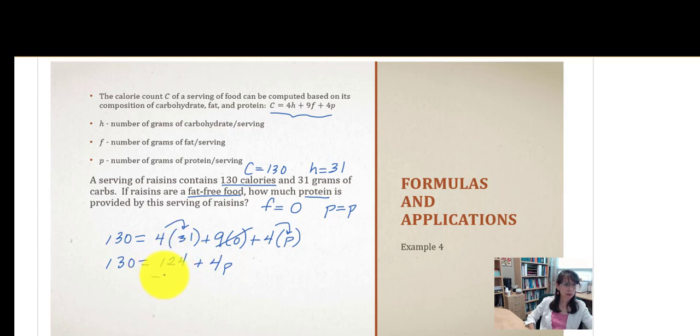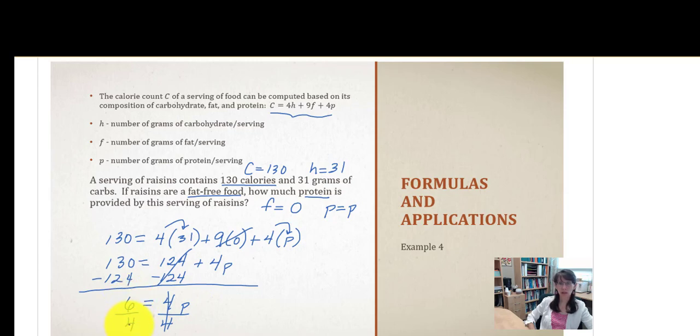So the subtraction property of equality is going to help us out here. Remember, that's the same as adding a negative number. So 130 minus 124 gives us 6 equals 4P. In order to isolate P, we need to eliminate multiplication by 4. Division by 4 would be the opposite. So now 6/4, we can reduce that, right?